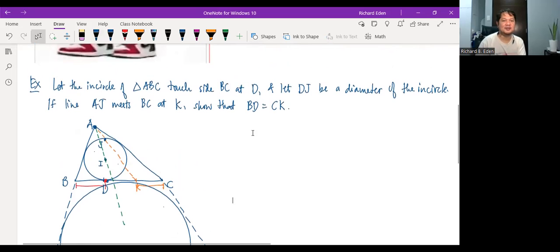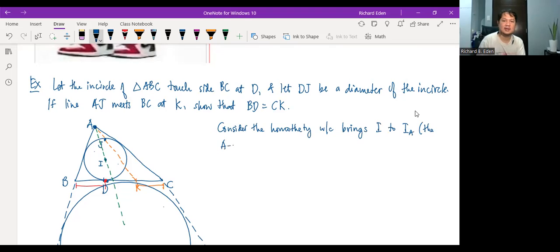Okay, bali nung argument natin, consider the homothety which brings I to I sub A. So just so it's clear, the A-excenter.